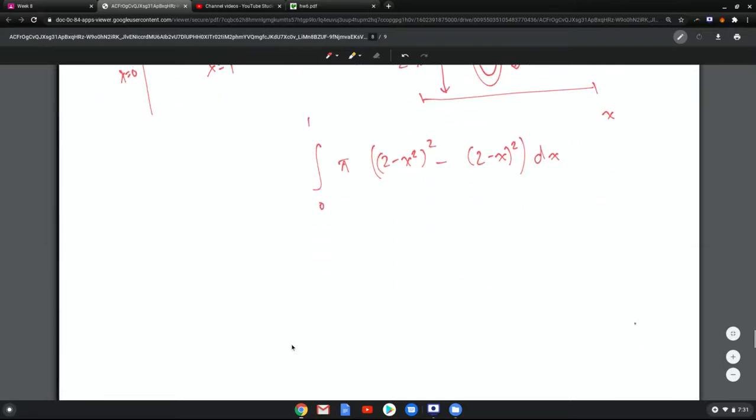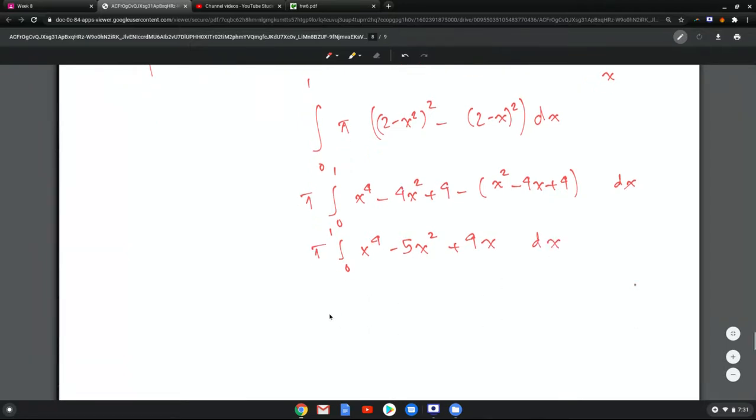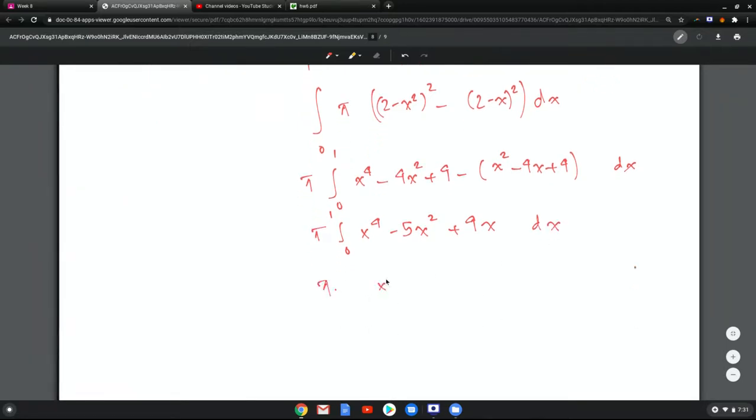If you expand this out, this comes out to pi times the integral from 0 to 1 of x to the 4 minus 4x squared plus 4 minus x squared minus 4x plus 4 dx, which is x to the 4 minus 5x squared plus 4x dx, which further becomes pi times x to the 5 over 5, minus 5x cubed over 3, plus 4x squared over 2, from 0 to 1.